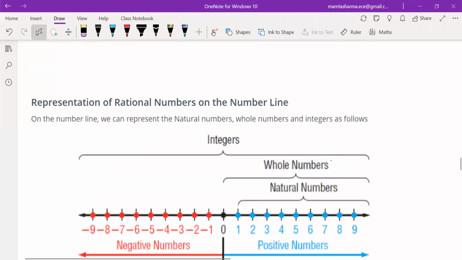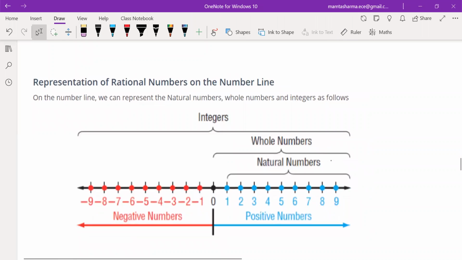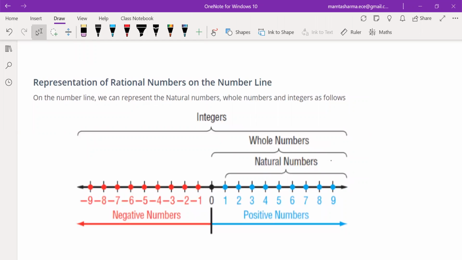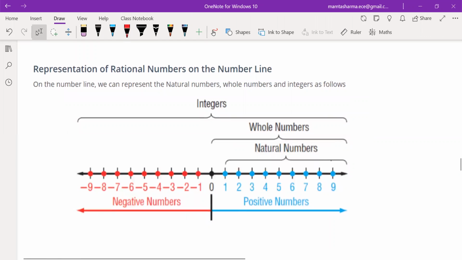Now next, how will you represent a rational number on a number line? First, I will tell you, natural numbers will be represented on the right hand side of the number line, because here we write positive numbers. Whole numbers will also be represented on the right hand side.